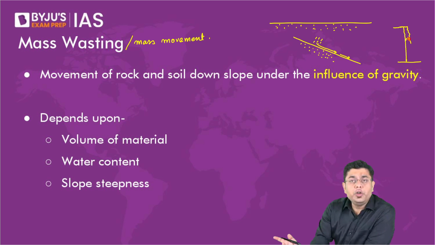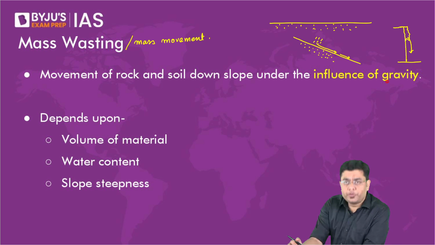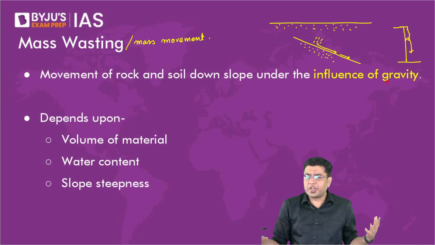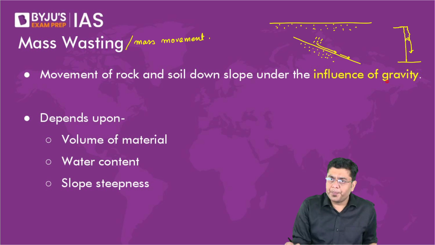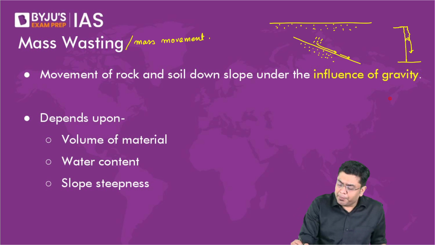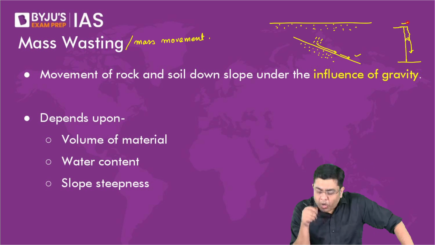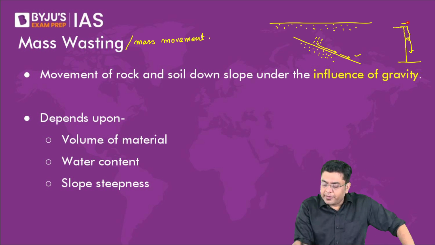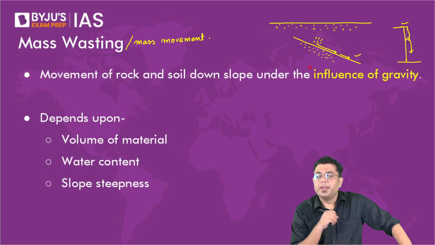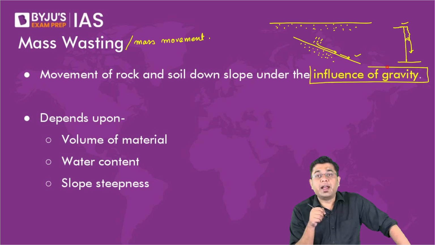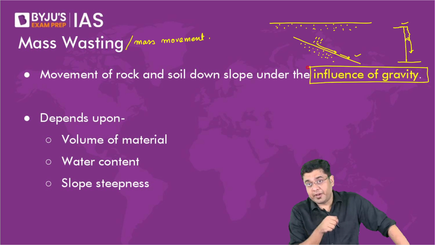For that, you don't need any agent of nature to be helping. Maybe solar light and solar heat will lead to expansion, contraction, and weathering, and then it will break down, isn't it? Now, in both these cases, what is the common factor? The common factor is the influence of gravity. That influence of gravity is very significant, very important.